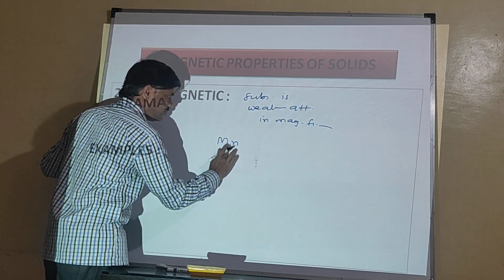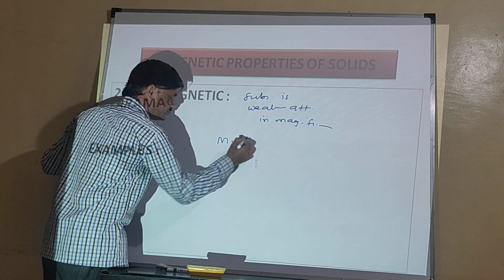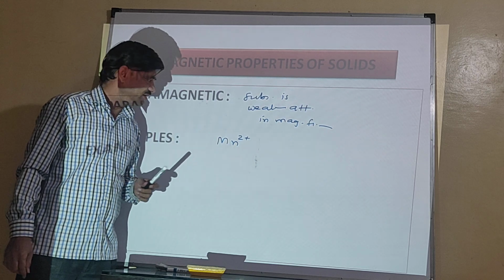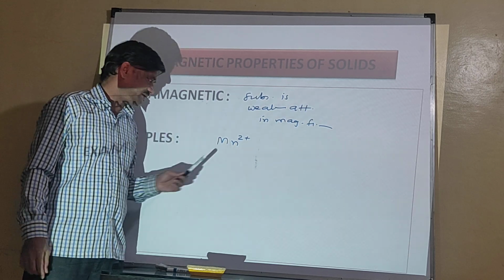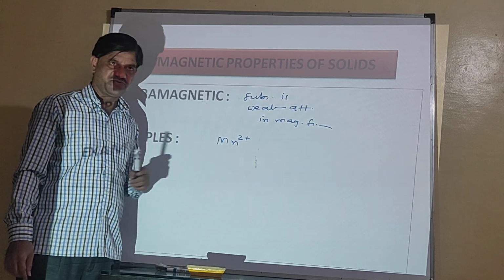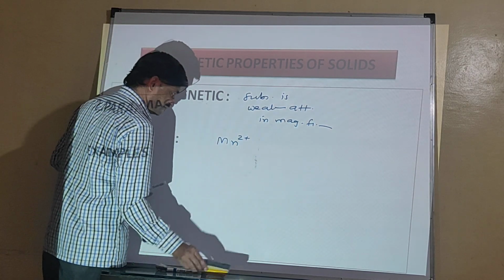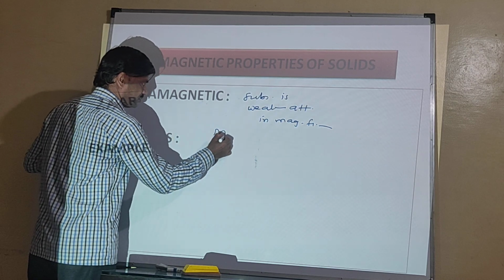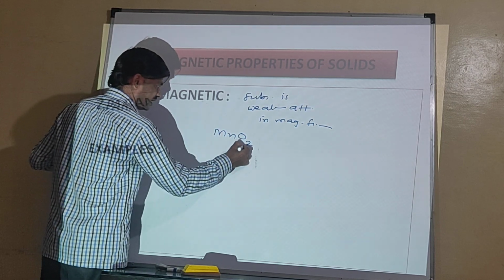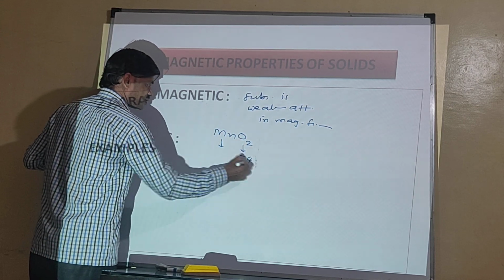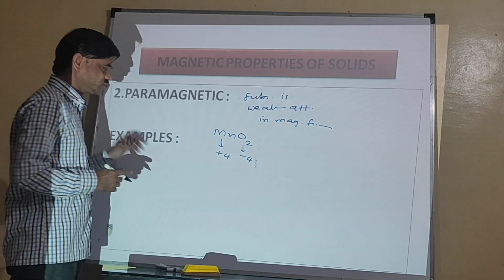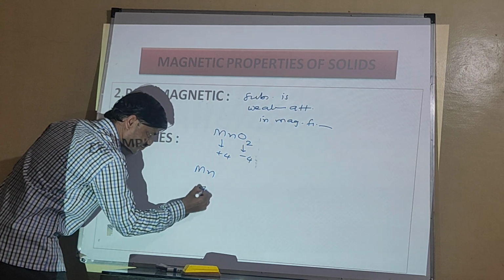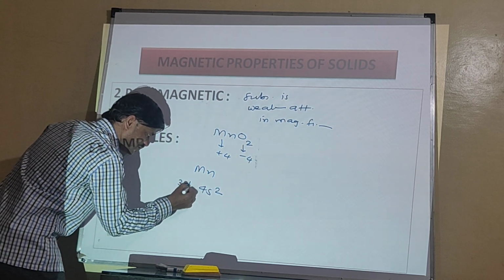Suppose we check manganese plus 2. Manganese has atomic number 25, which indicates argon 3d5 4s2. Suppose we check a different species in this form. This is MnO2. Tell me the charges. O is minus 2 each, so minus 4, so this becomes plus 4. So how to form Mn plus 4? Mn configuration is 4s2 3d5.